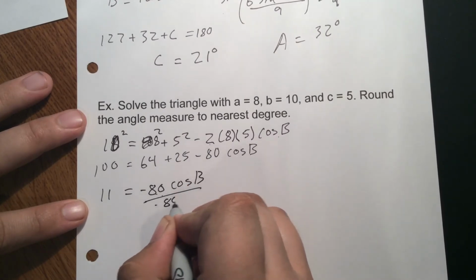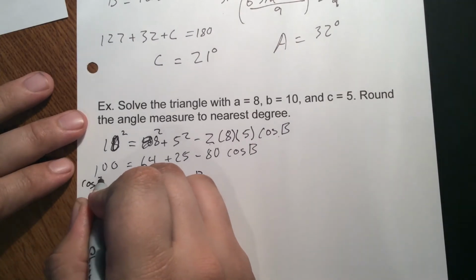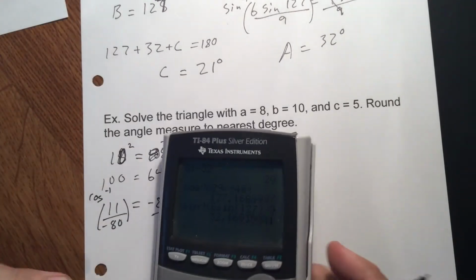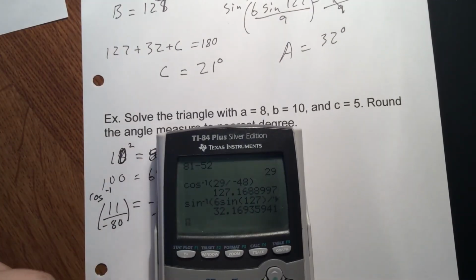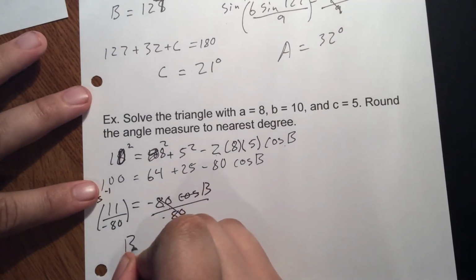So divide by the negative 80. And then we're going to do cosine inverse of our fraction. So second cosine 11 divide negative 80. And we get 97.9, so let's round that up to 98.